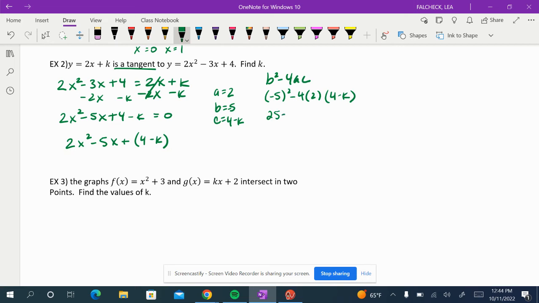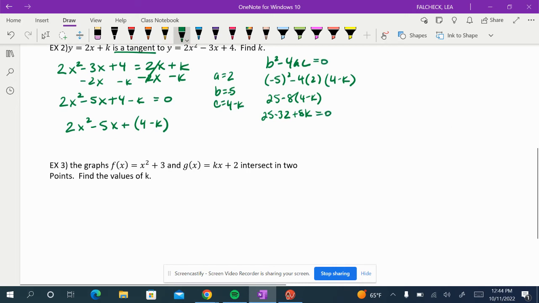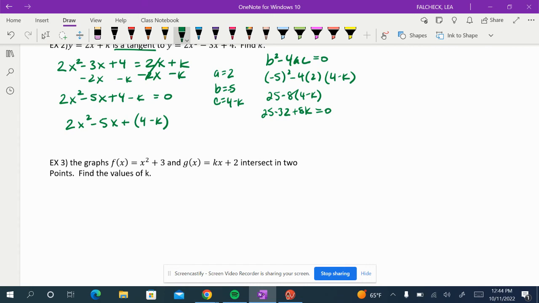What do we get here? 25 minus 8 times (4 minus k), which is 25 minus 32 plus 8k. Since it only has one point of intersection, we're going to set it equal to 0. 25 minus 32 gives me negative 7 plus 8k equals 0.